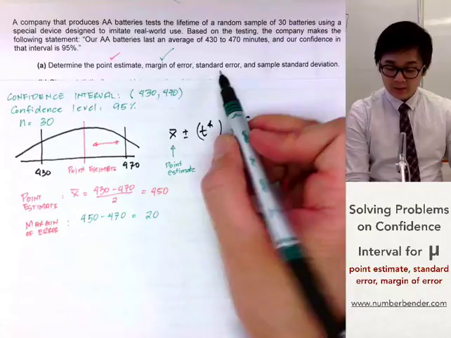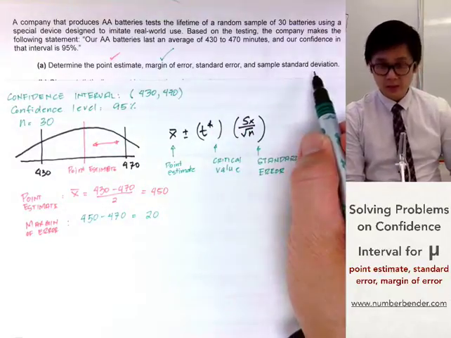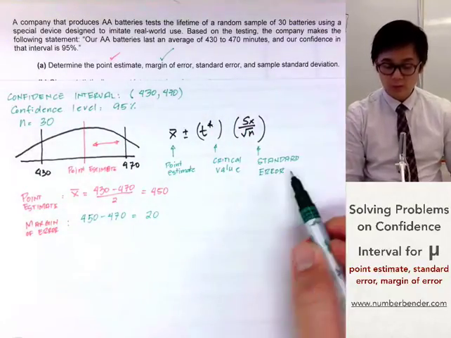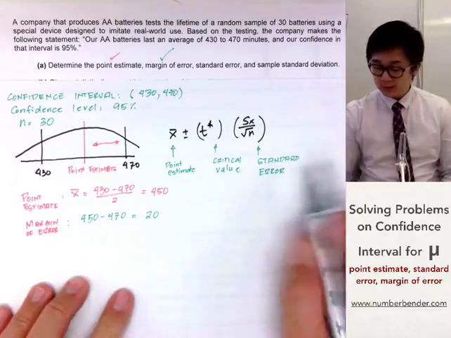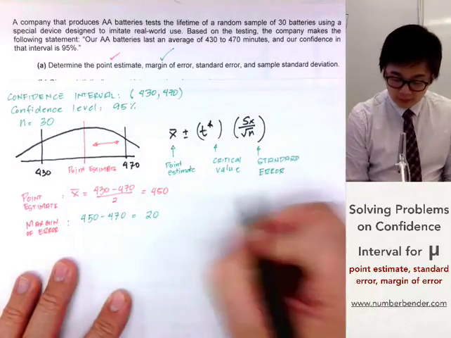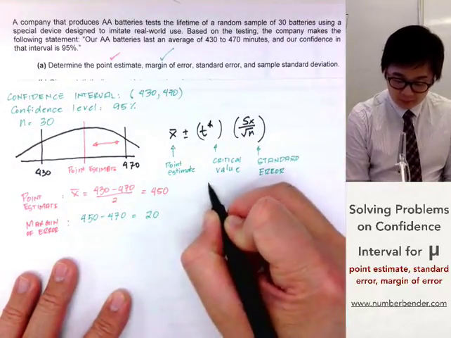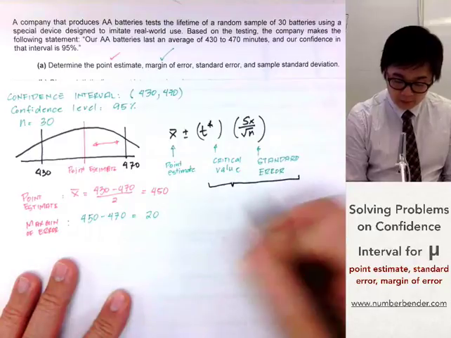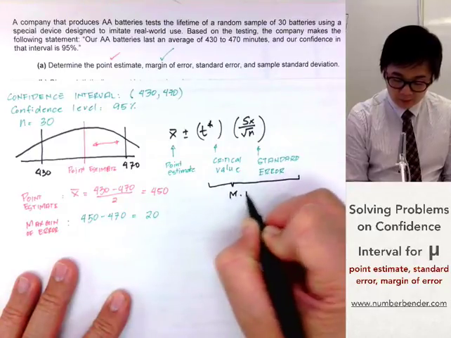Now, to find the standard error and the sample standard deviation, we're going to go with the formula, because we understand that if we multiply the critical value and the standard error, this will give us the margin of error.